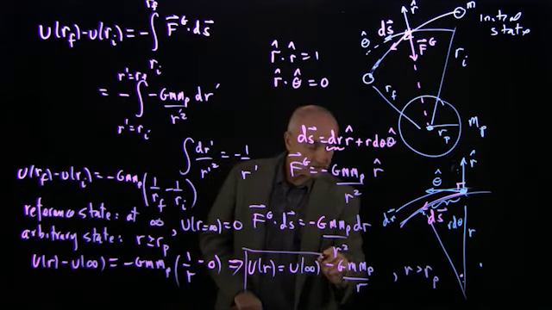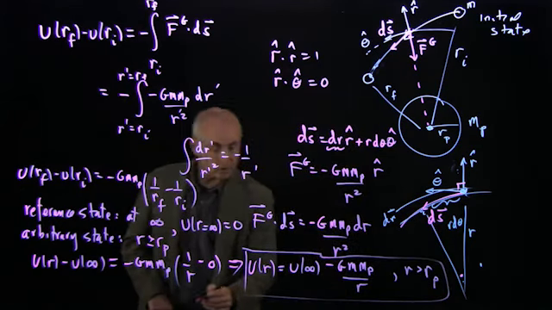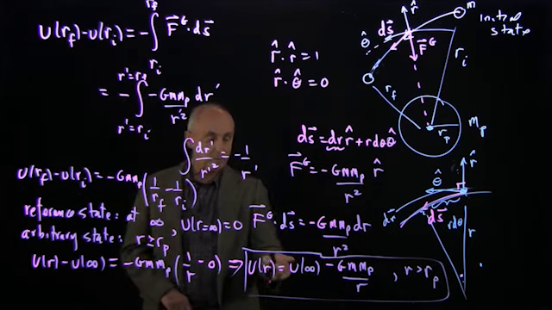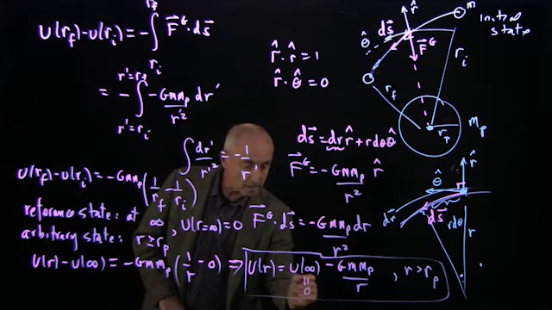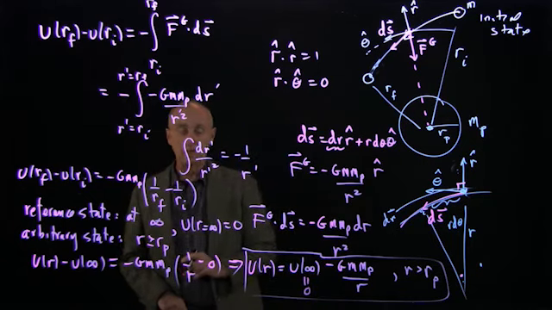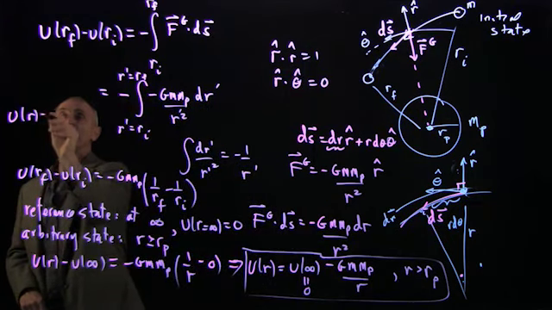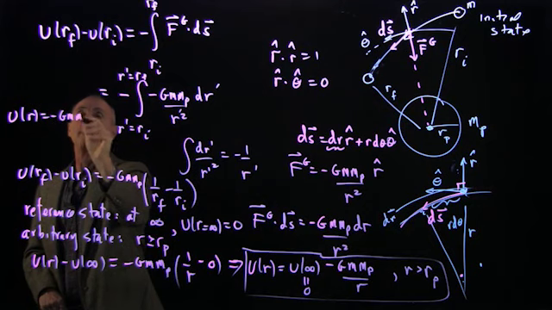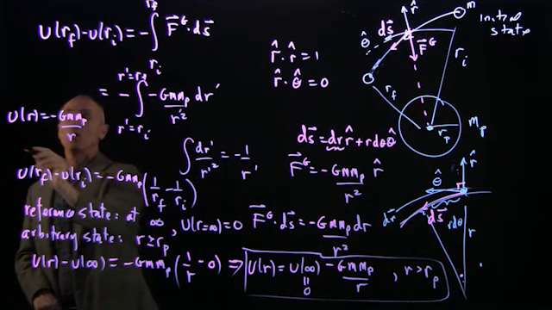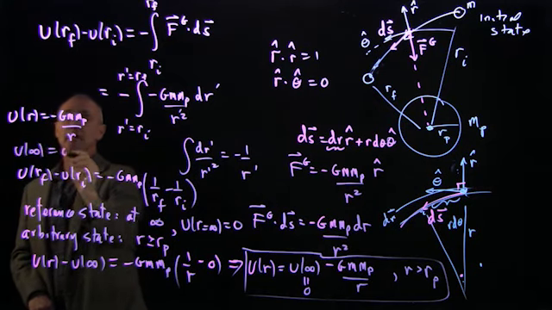And that is the potential function for the gravitational problem. But now remember, we're choosing that to be our reference point. And so the real conclusion is U of r equals minus G m planet over r, with U at infinity equal to 0.